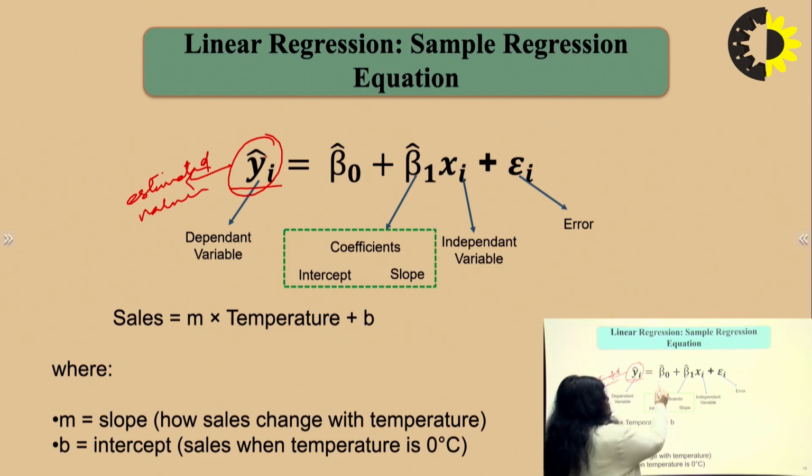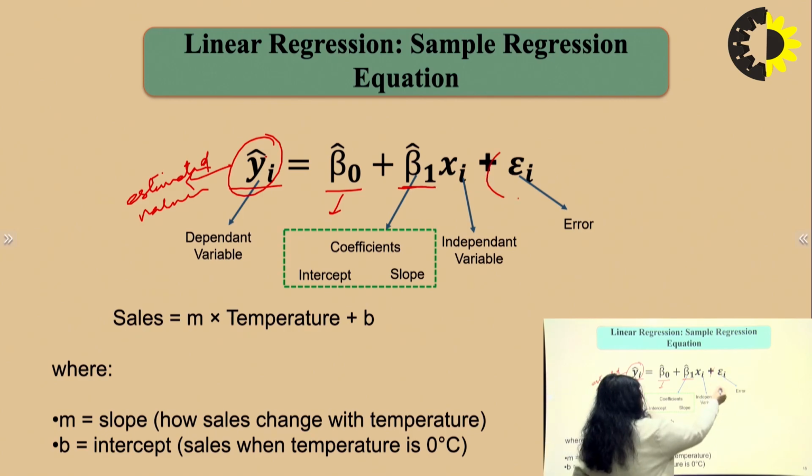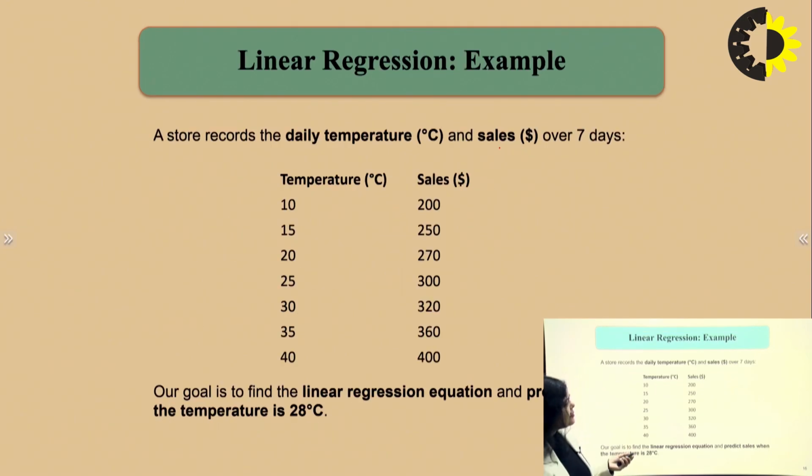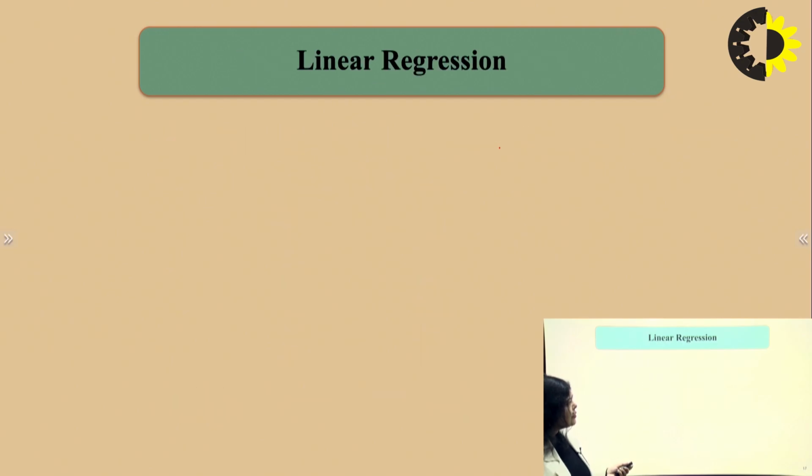Similarly, the coefficients are going to change in the sample regression equation, and the intercept is now represented as beta naught hat, and the slope is represented as beta 1 hat, right? Again, there is an error term which incorporates the unexplained factors for predicting the future values from the input. Okay. Now this is sample data we can use to create a linear model here.